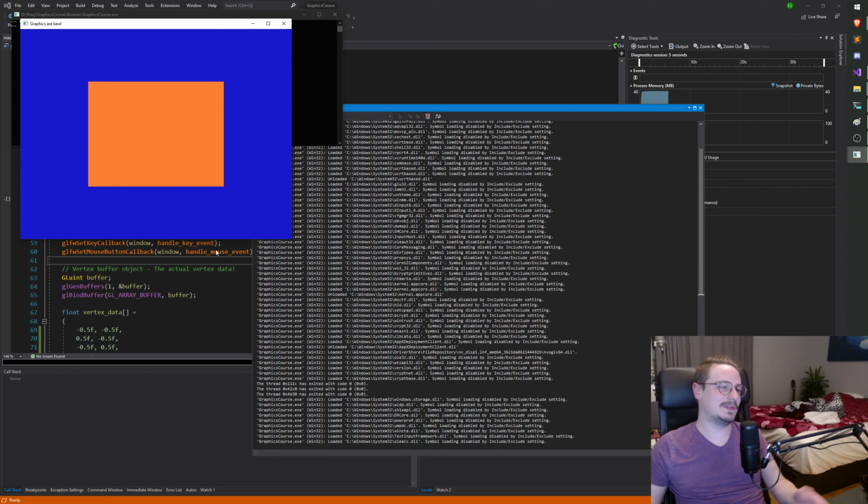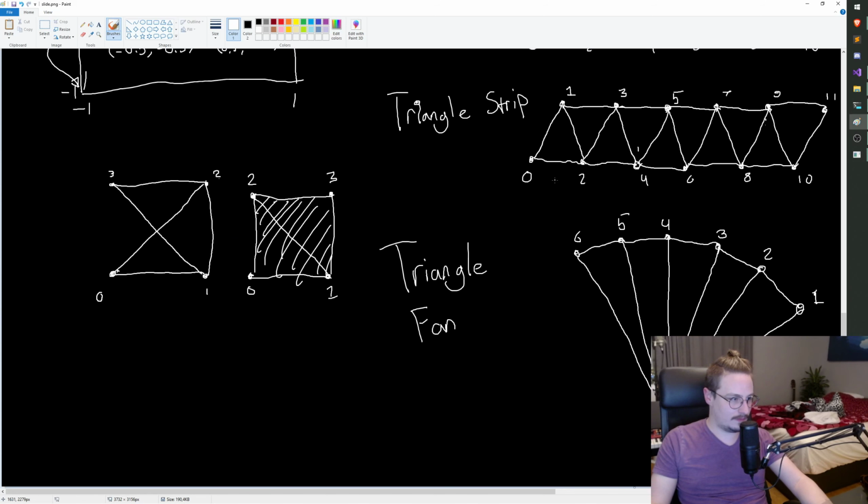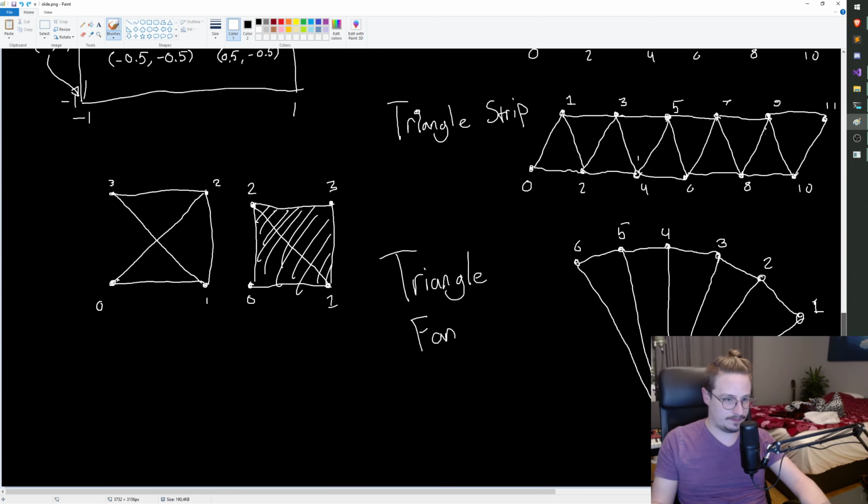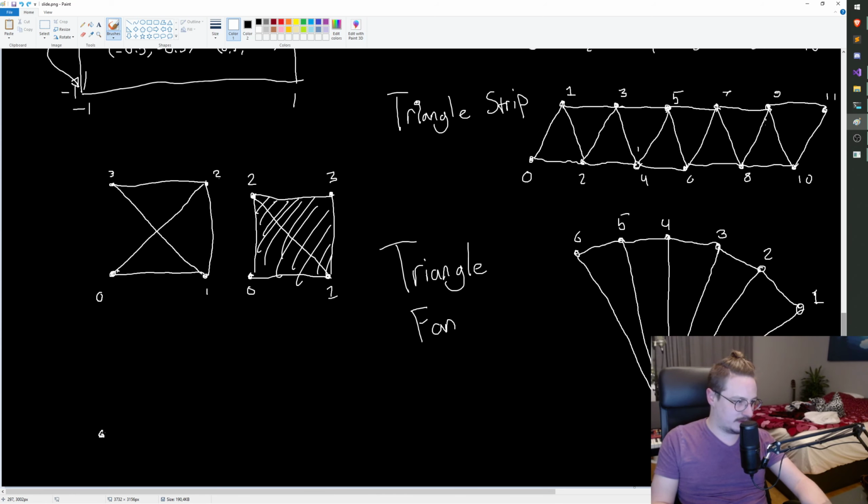But of course, instead of rearranging vertices, we could have just used the fan method, right? So if we run that algorithm on this square, we have 0, 1, 2, 3.